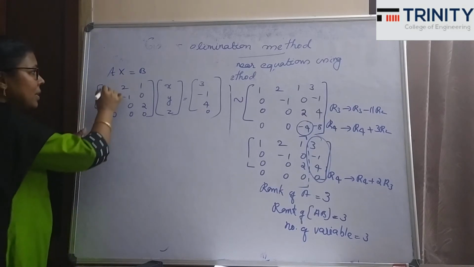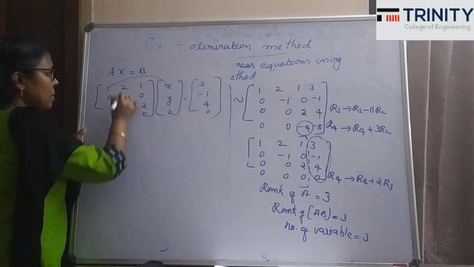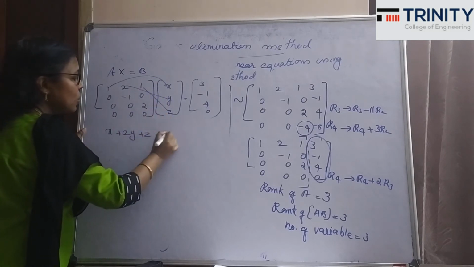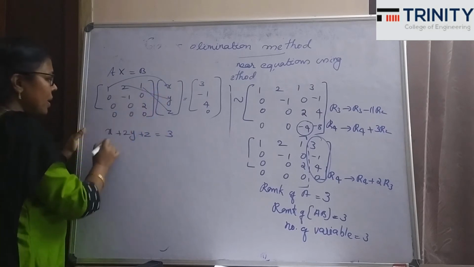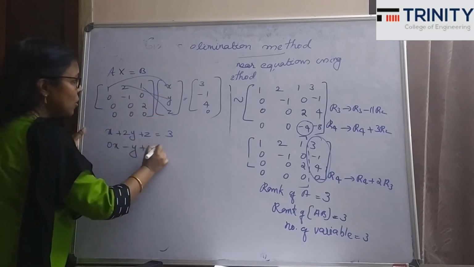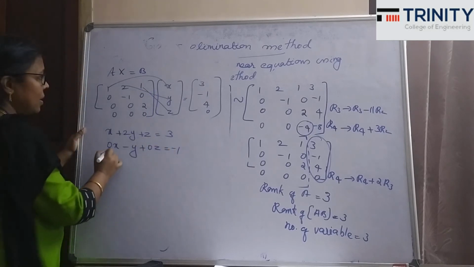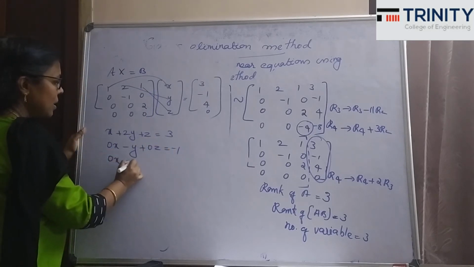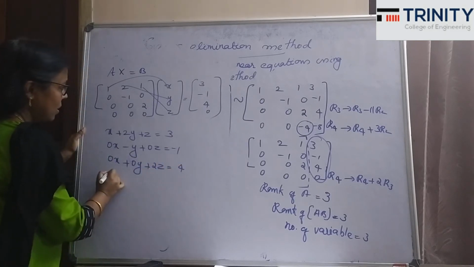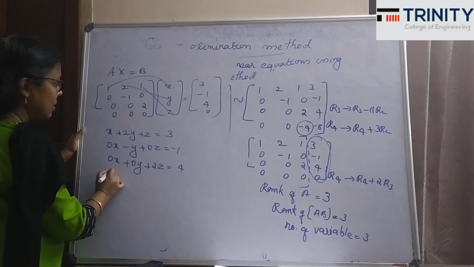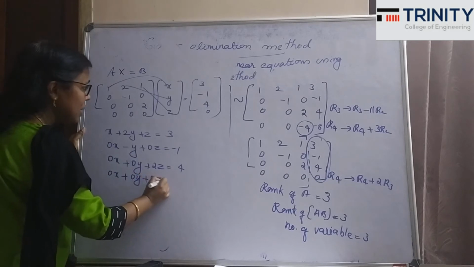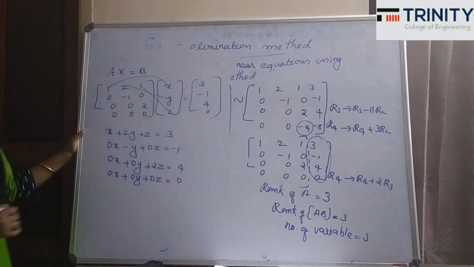By multiplication we get X plus 2Y plus Z equals 3. Then 0x minus y plus 0z equals minus 1. Then 0x plus 0y plus 2z equals 4. Then 0x plus 0y plus 0z equals 0.